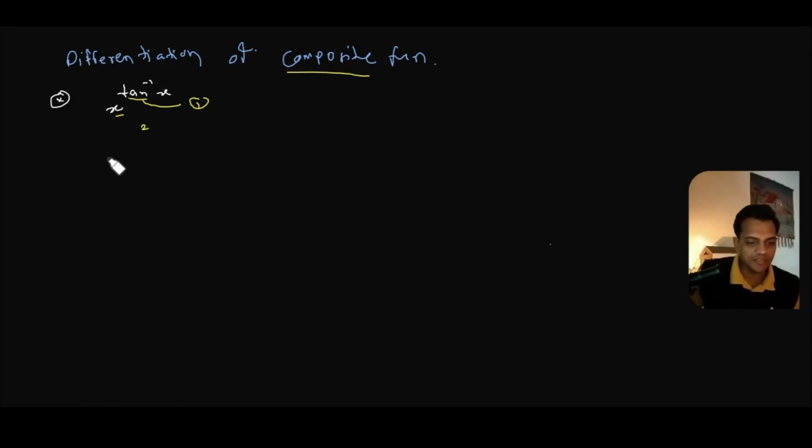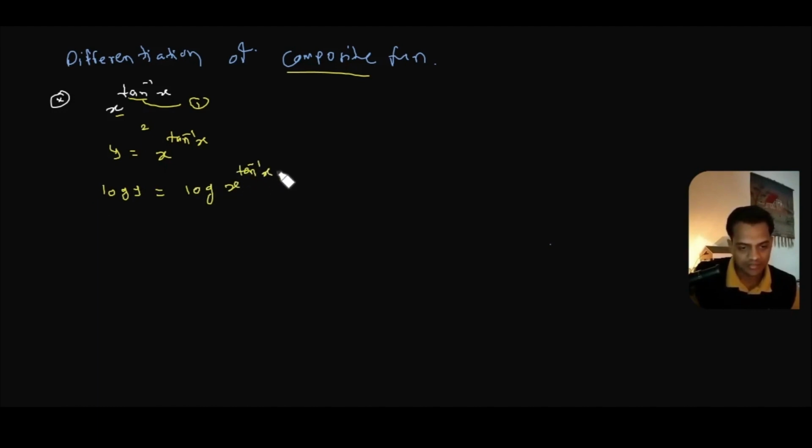Now if I equate this to y, so y is equal to x raised to tan inverse of x. In order to bring this tan inverse of x into multiplication with x, I have to apply the log. So whenever I apply the log on both sides, it becomes log of y, and the expression becomes log of x raised to tan inverse of x.